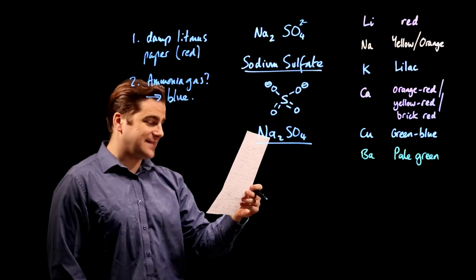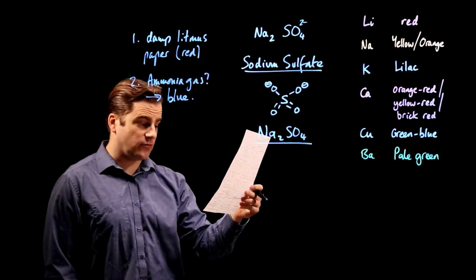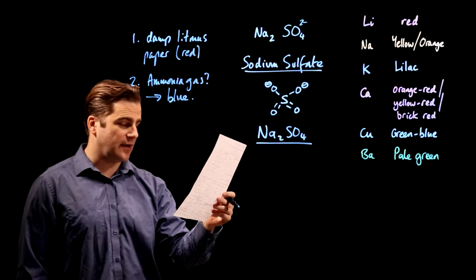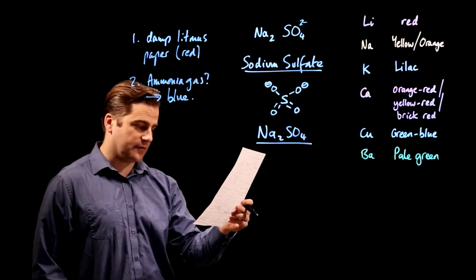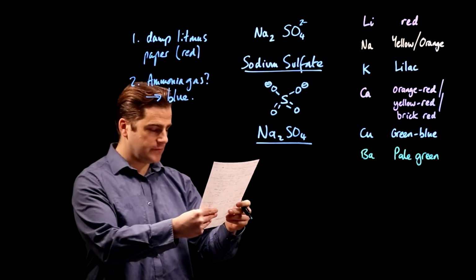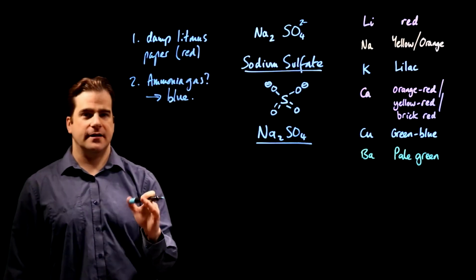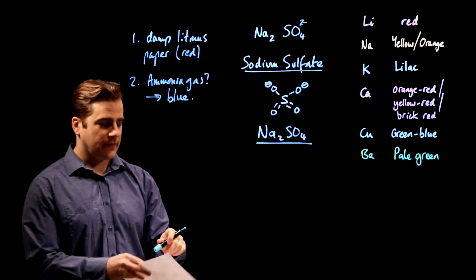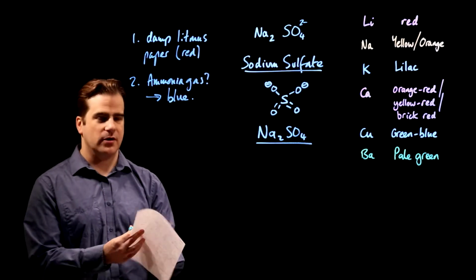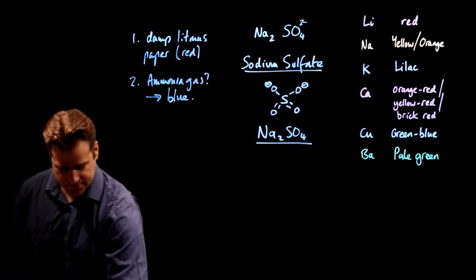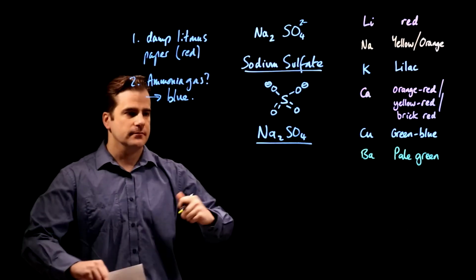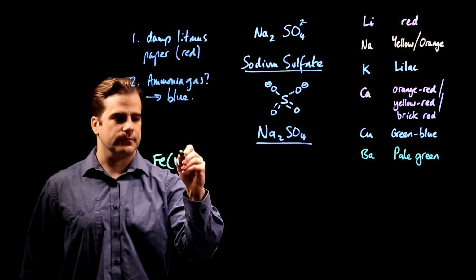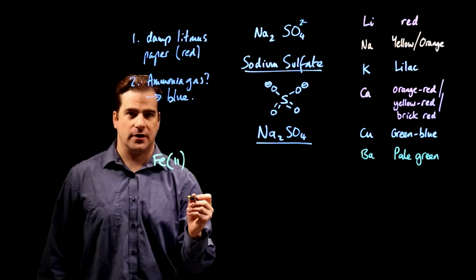Describe what is seen when sodium hydroxide is added to a solution of iron 2 and to a solution of iron 3 for 2 marks. Okay, so this is the metal ion test. Now, the question says describe what is seen. So, for iron 2, okay, what do you see?